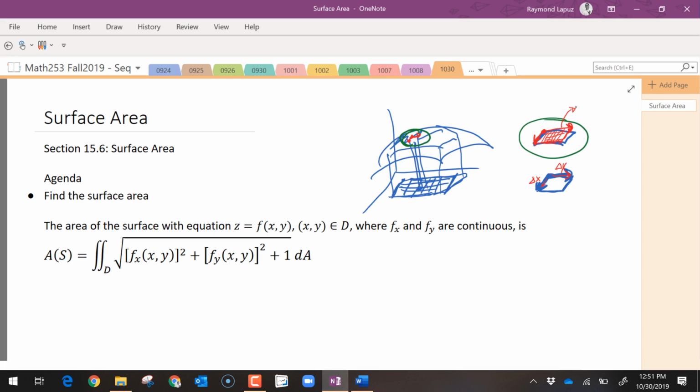This is going along the y, and x is fixed. So x is fixed, go along the y, and take the derivative with respect to y. Remember that vector? Probably in your notes.